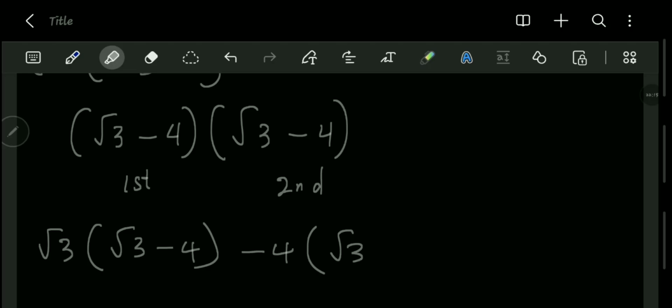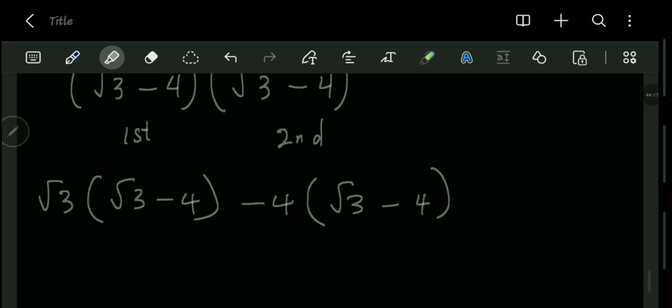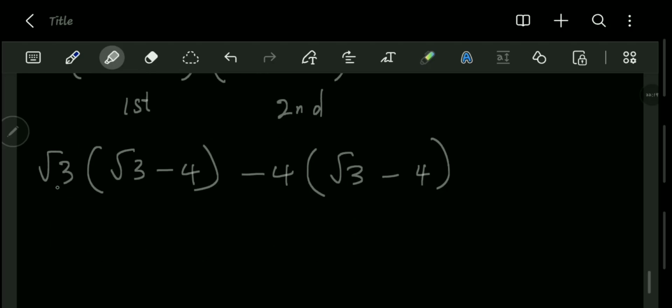So 3 minus 4. Now simplifying further, we have 3 times 3 is giving us 9 minus 1 3 times minus 4, that's giving us 4 3, right? Then I'm having minus 4 times 1 3 also is 4 3.